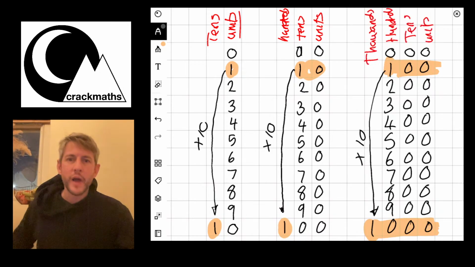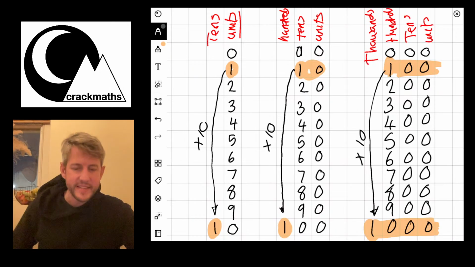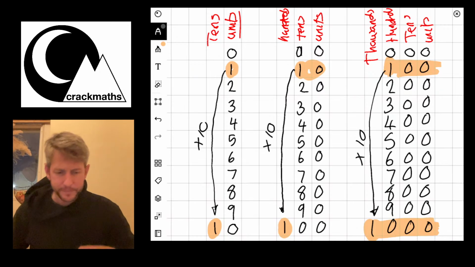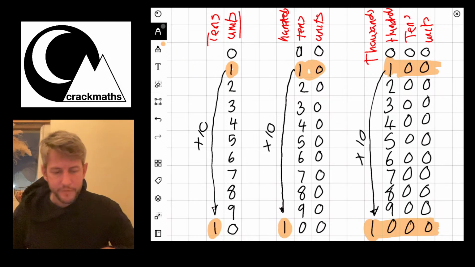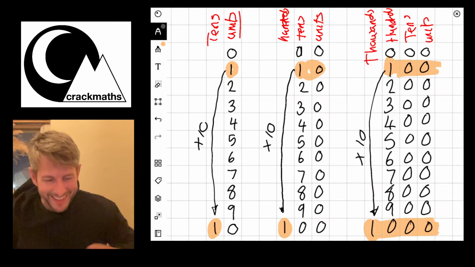Okay, and then again, what we can see is that 1,000 is going to be 10 times bigger than 100. And we can think about that like this.